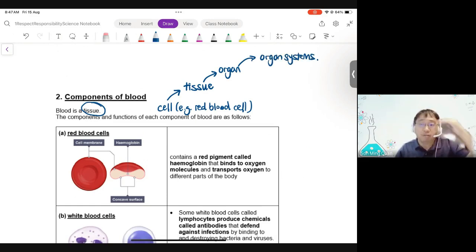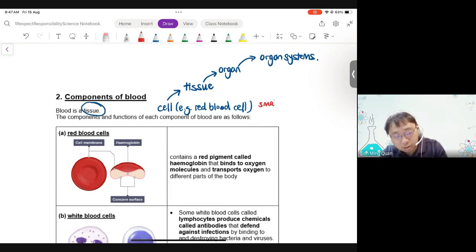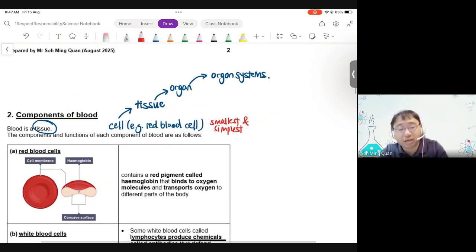So this is the hierarchy, the levels from smallest and simplest to, of course, the most complicated, which is the organism, the whole living thing. Organism, all right, is the largest and most complex.